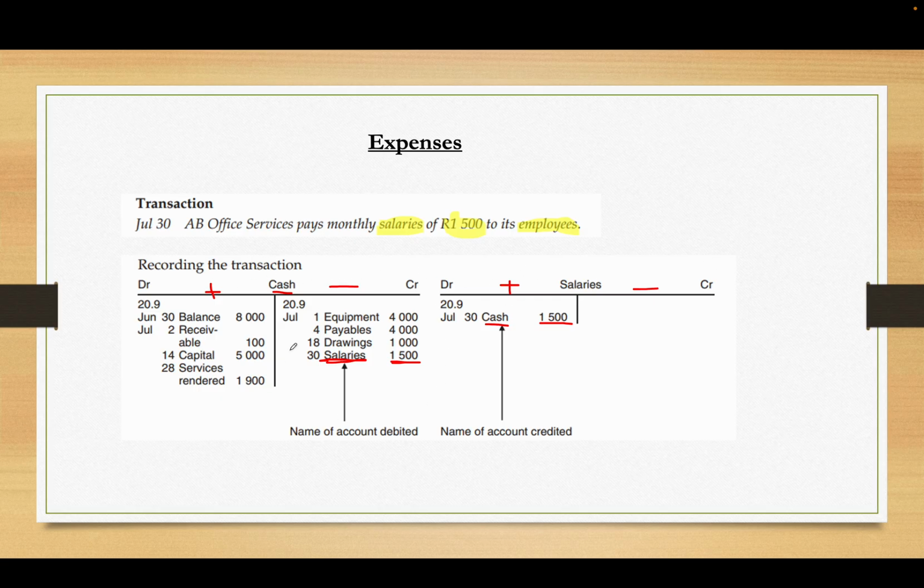So we paid 1.5 through the business bank account. It's going to affect the bank account, money is going out, and it's going to increase the salaries 1.5. This shows cash because it's never just debit or credit, it's debit credit or credit debit. Someone's hand is up. Hold on.